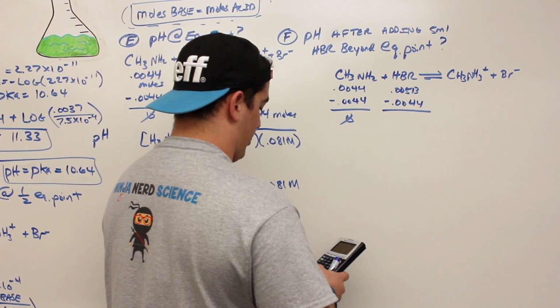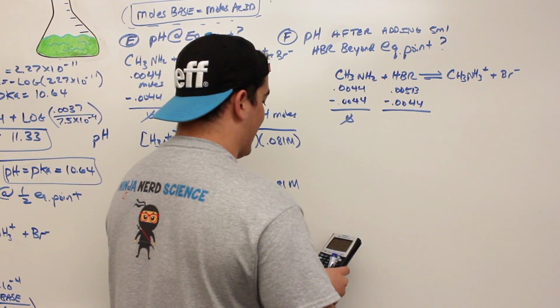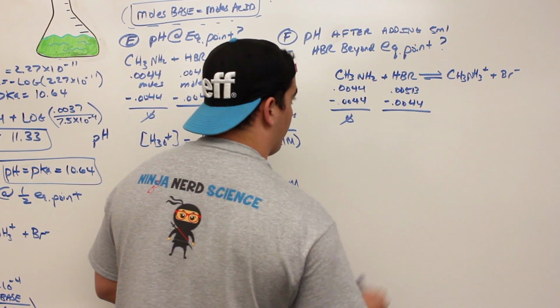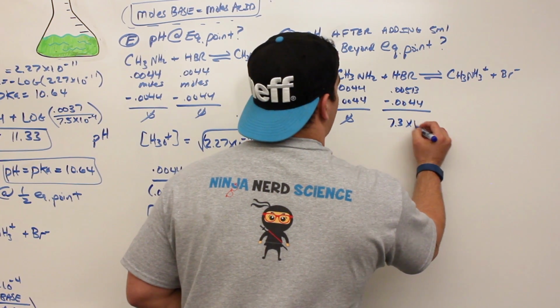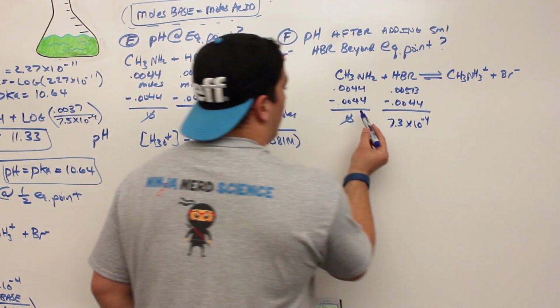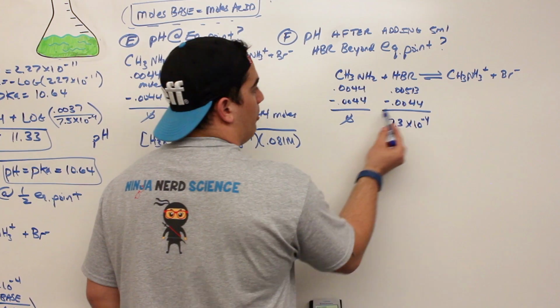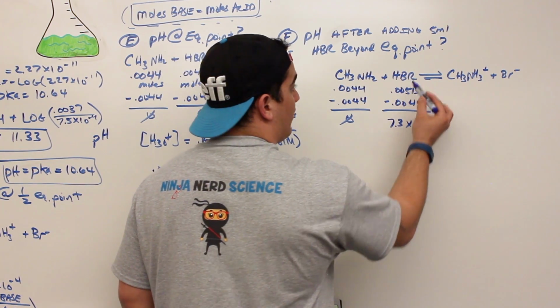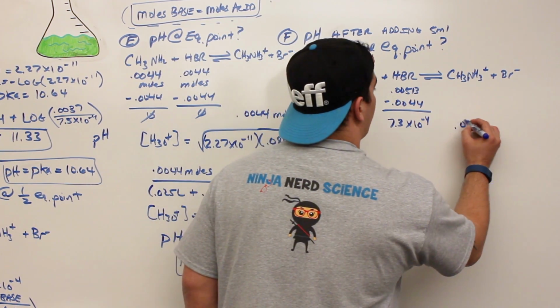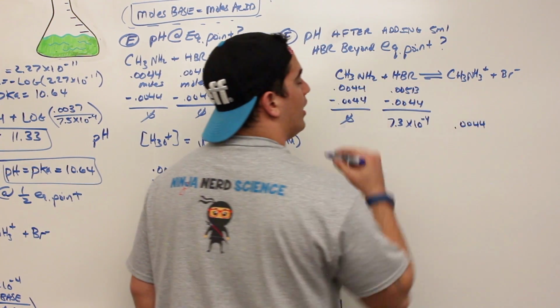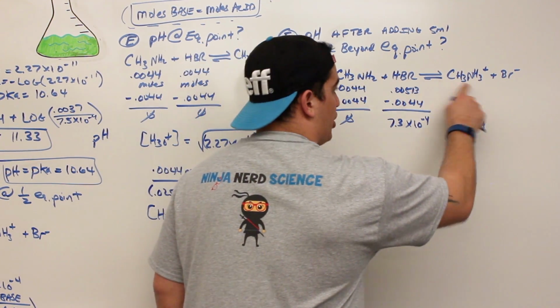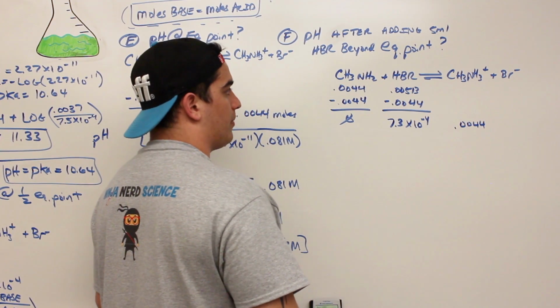Minus 0.0044 here, and we're going to get 7.3 times 10 to the negative 4. So I get 7.3 times 10 to the negative 4 moles here. But again, 0.0044 moles of the methylamine reacted with 0.0044 moles of the HBr and produced 0.0044 moles of the methylamine conjugate acid, the CH3NH3+.